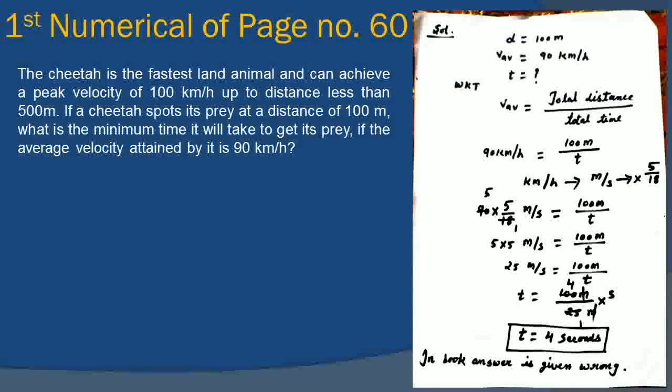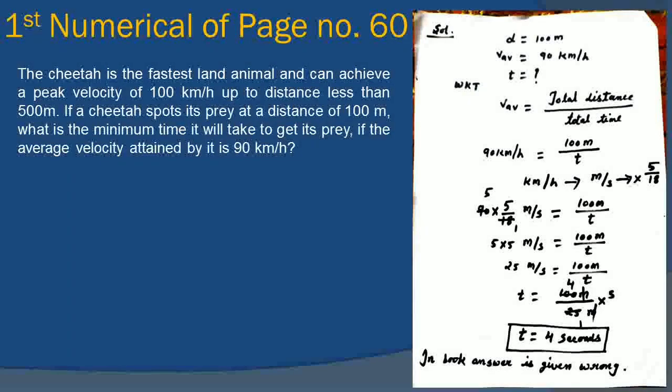As we know, when kilometer per hour changes into meter per second, we have to multiply the value with 5 upon 18. So 90 into 5 upon 18 will directly be changed into meter per second, and the right side of that step will be the same. Clear? So 90 into 5 upon 18 meter per second is equal to 100 meter upon t.